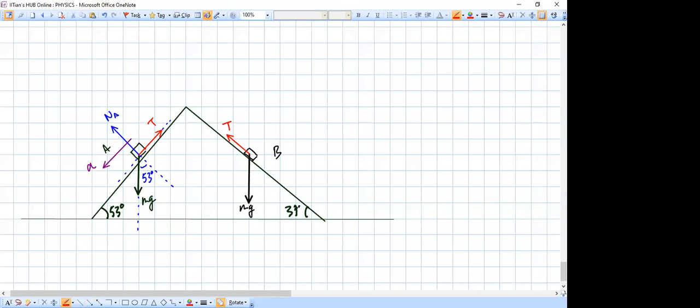Normal reaction will act perpendicular to the inclined plane. So the normal reaction direction will be like this. So this is the normal reaction on B, and it's acting along this direction. Tension is acting along this direction. Okay. So once again here, this angle will be 37 degrees. And this is accelerating parallel to the inclined plane but upwards. So its acceleration direction is like this.